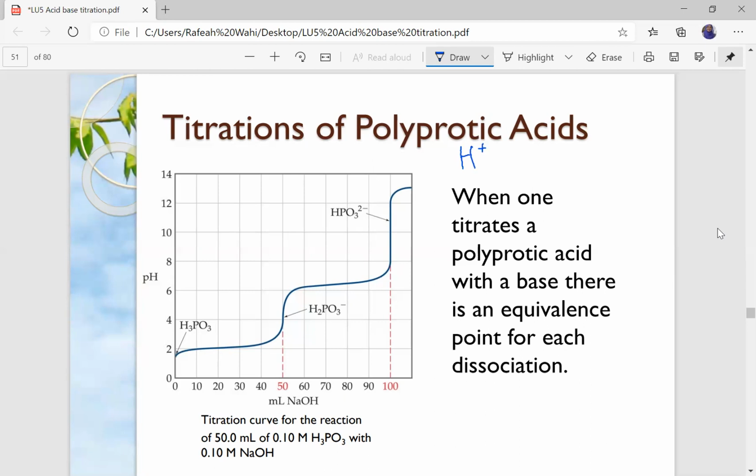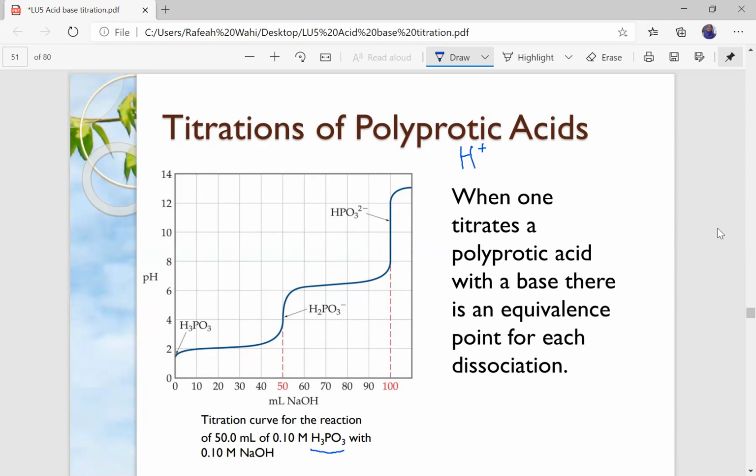In the example we're looking at here, H3PO3, we have 3 H plus ions to be dissociated. Which will dissociate first depends on the Ka. The H plus with the higher Ka will dissociate first compared to the H plus ion with lower Ka.